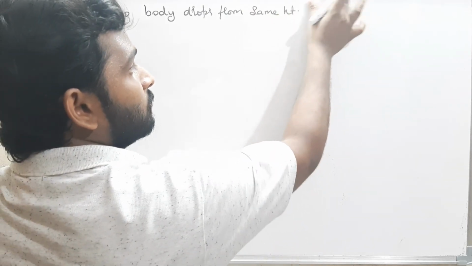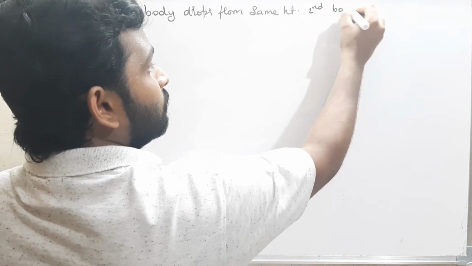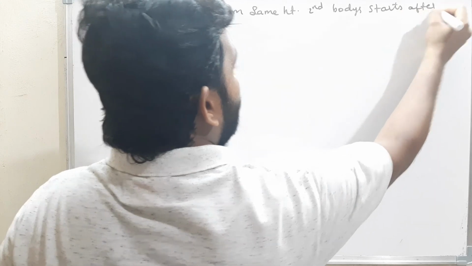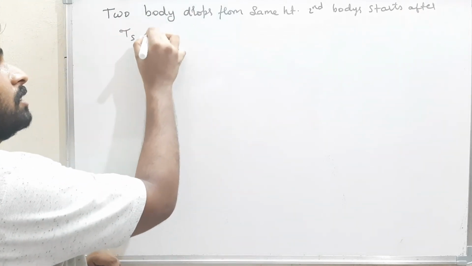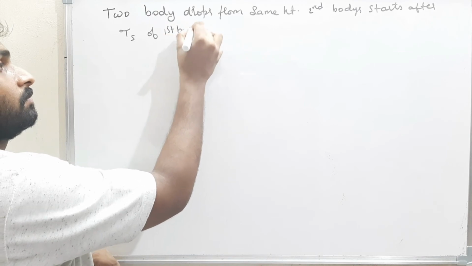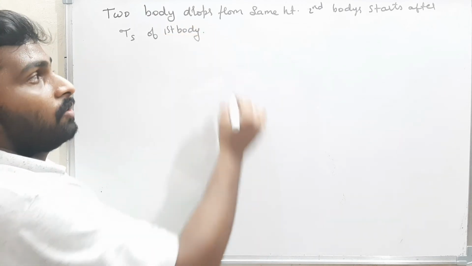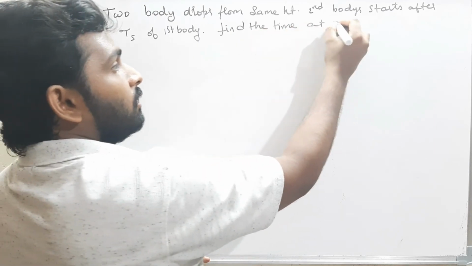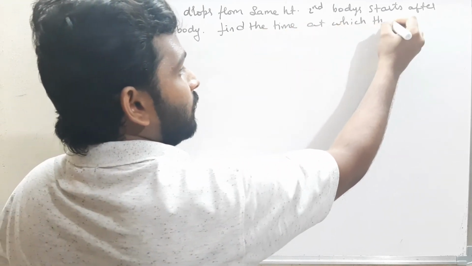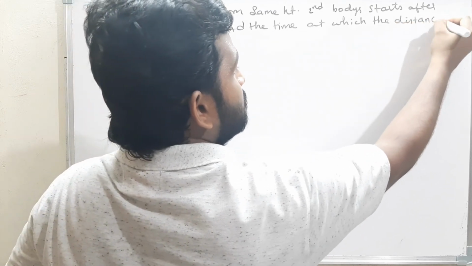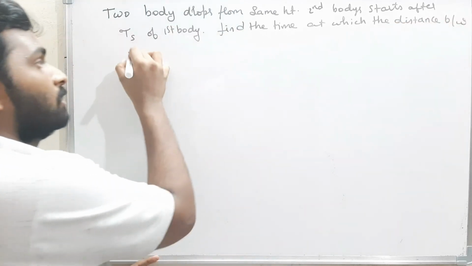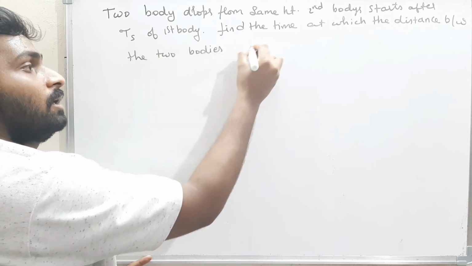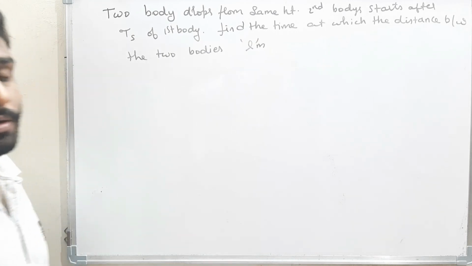The second body starts after 2 seconds of the first body. Now find the time at which the distance between the two bodies is L meters. That's all. The question is that one.